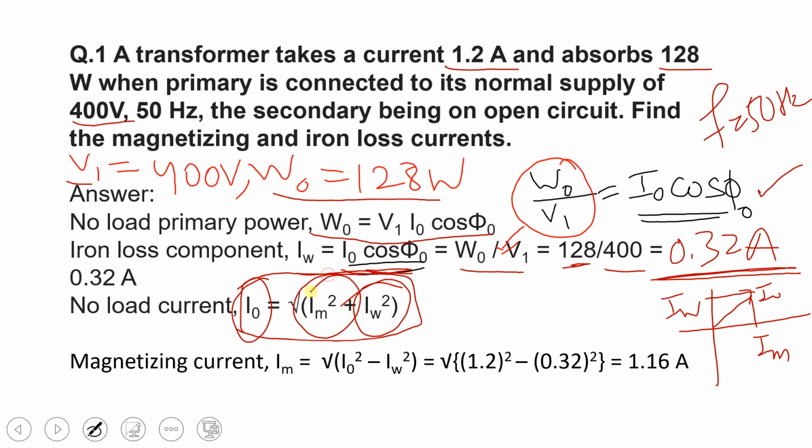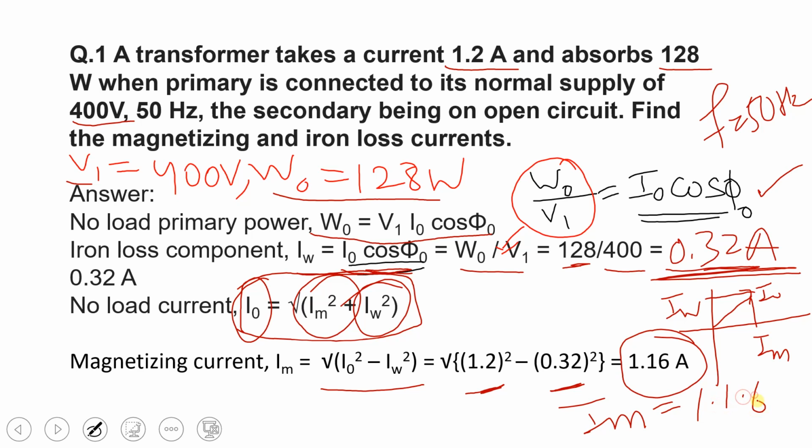So we are finding the magnetizing current. Im is equal to this formula. Now we put the value of I naught, that is given to us 1.2 ampere, and Iw we calculated here, this is 0.32, and we put into the formula and we will get this. So this is the magnetizing current Im is equal to 1.16 ampere.